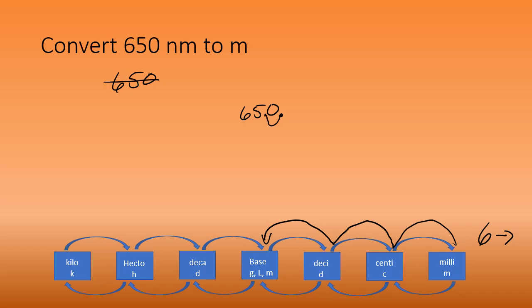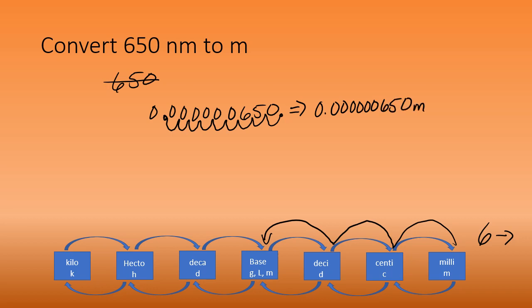We would go 1, 2, 3, 4, 5, 6, 7, 8, 9. I like a 0 in front, and fill in our empty spaces with zeros, making our 650 nanometers equal to 0.00000065 meters. So a very, very small portion of a meter.